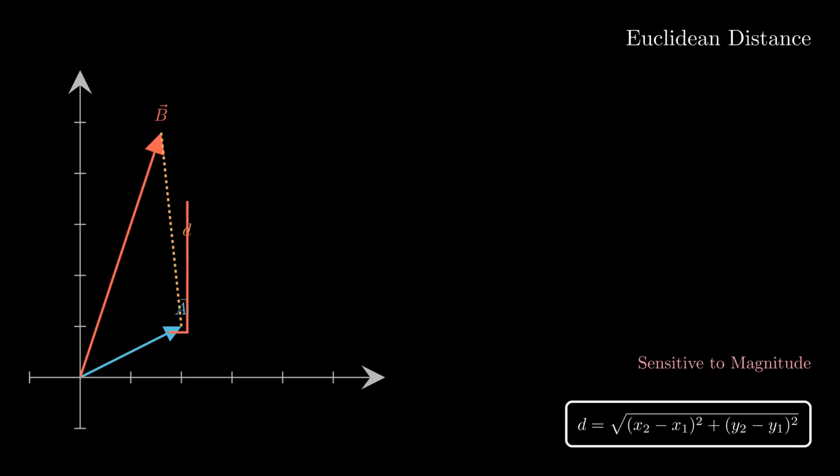Look what happens to our distance metric. Even though the topic is identical, the Euclidean distance d has grown significantly, suggesting these documents are very different. Because it is sensitive to magnitude, Euclidean distance isn't always the best measure for semantic similarity. We need a metric that cares only about the angle.